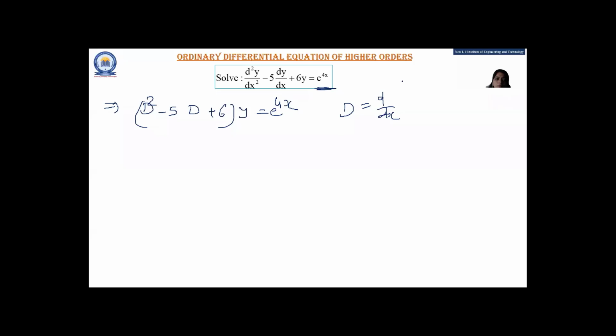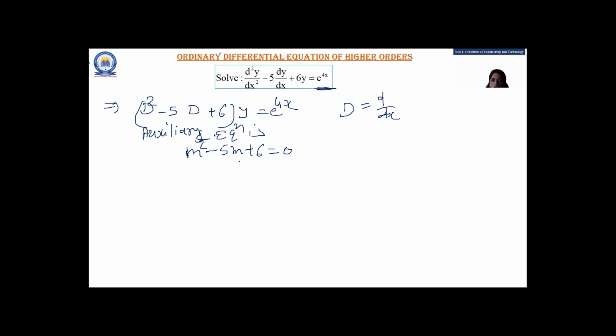Now, as we learned in our last lecture, the auxiliary equation is m square minus 5m plus 6 equal to 0.